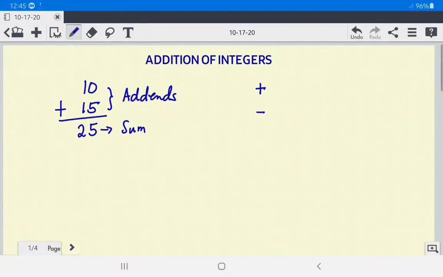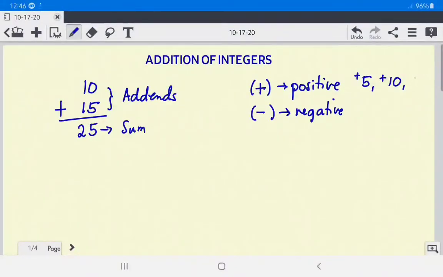For these symbols, there are different meanings. For the first one, we call this positive, and this one is negative. You can identify that a number is positive or negative, like positive 5, positive 10, positive 20.